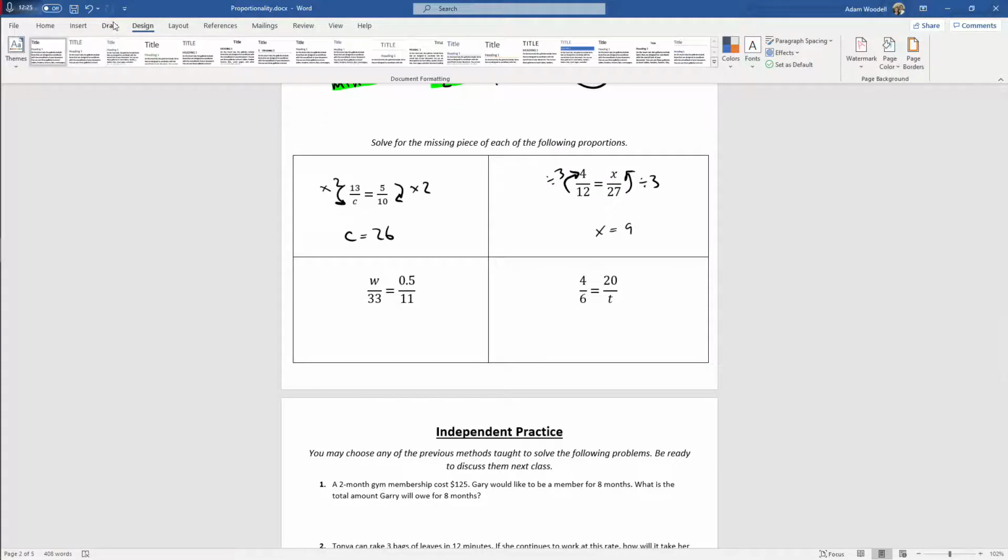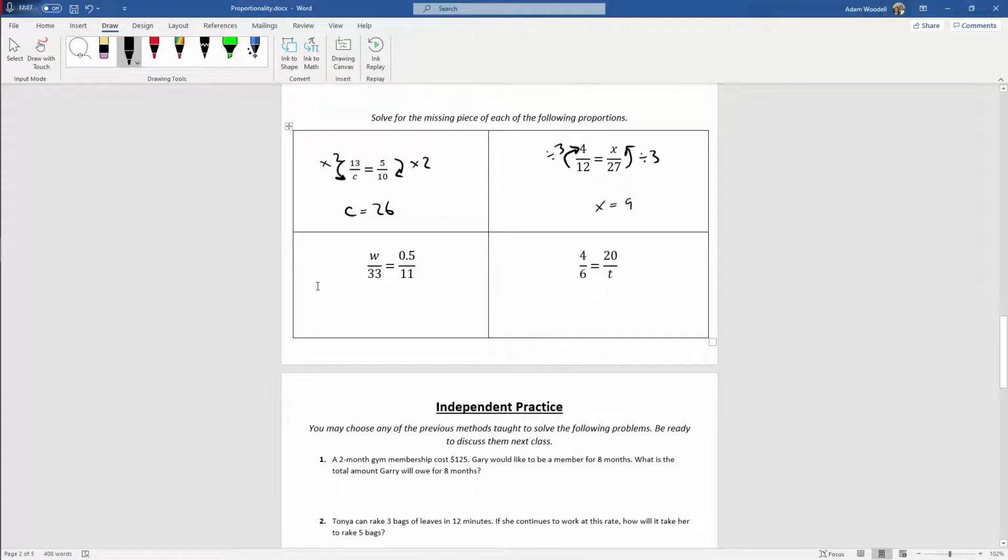Same thing works when it comes to decimals as well. So in this case, let's go this way. How do I get from 11 to 33? Well, 11 times 3 is 33. So how do I get to what W is? Well, let's just multiply that by 3.